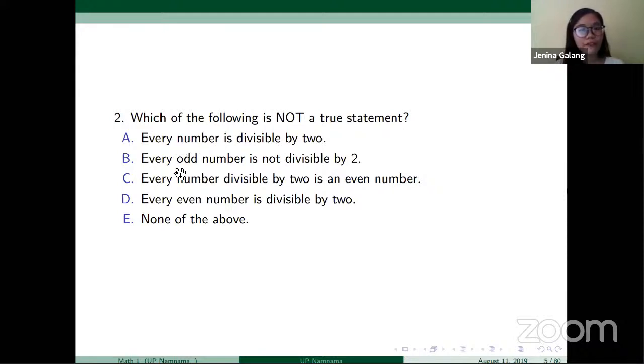So letter B, every odd number is not divisible by 2. So this is true. Next, every number divisible by 2 is an even number. So this is also true. And next, every even number is divisible by 2. So true yung B, C, D. Hence, yung false statement natin is letter A.